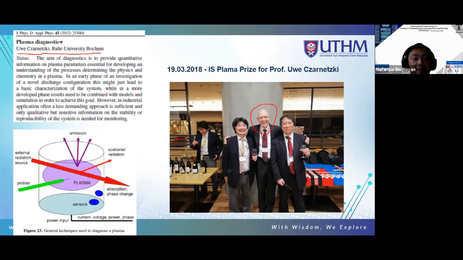I went to this University Bochum one time where I stayed over there almost 2 months during the winter. It's very, very cold over there because Germany is very cold.